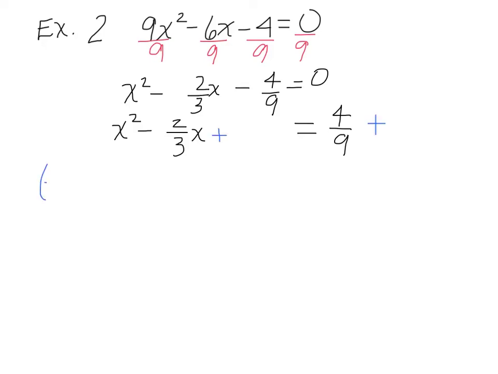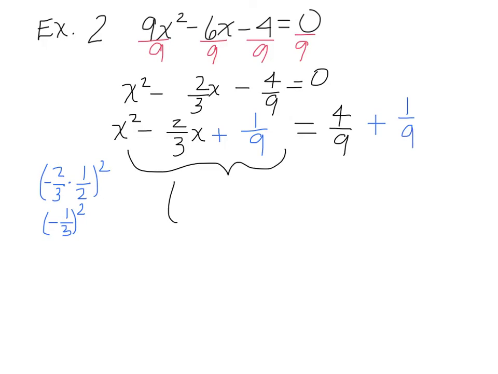So I'm going to do negative 2/3 times a half, and then I'm going to square it. That will give me negative 1/3, and if I square it, I get 1/9. Now I can factor this to x minus 1/3 squared. And this number will always go here.